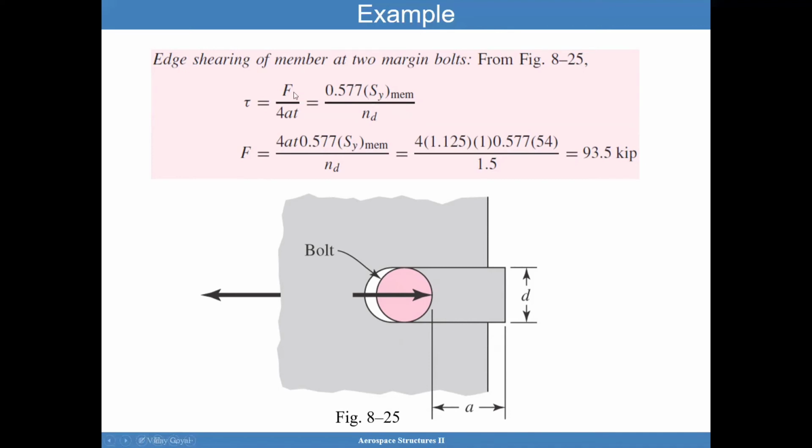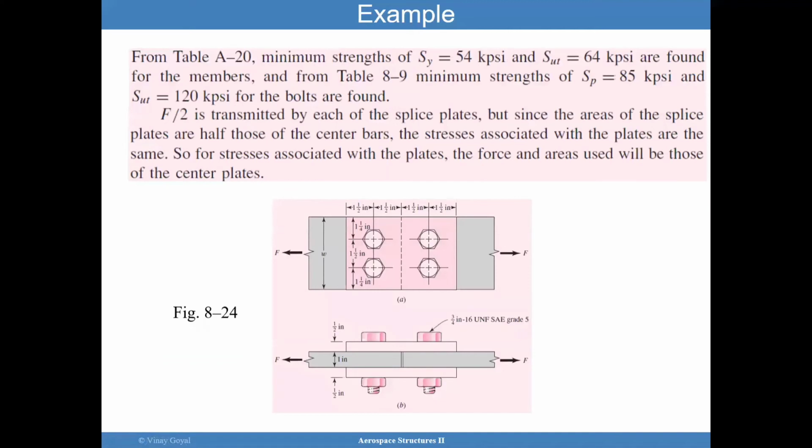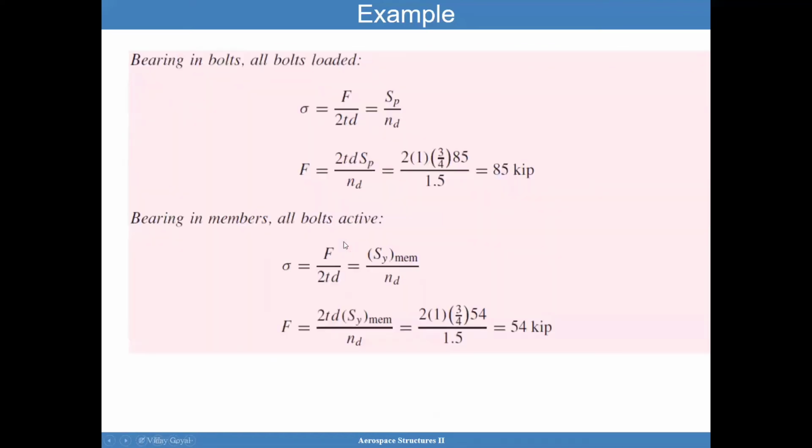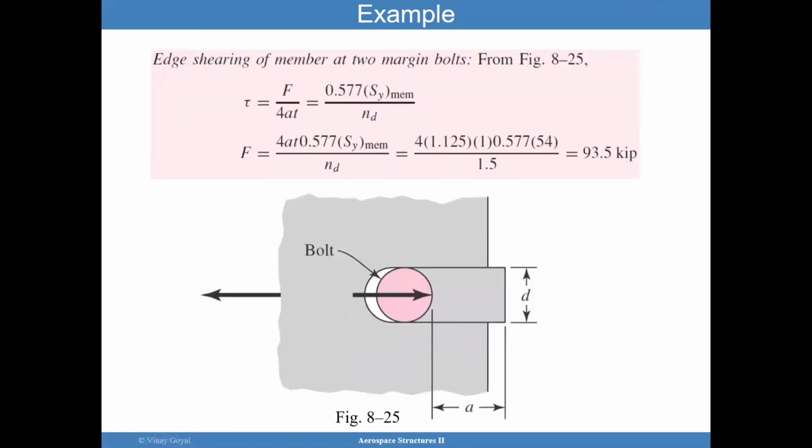Solving for F again, we have 4 A's provided, which is the distance to the edge, and it's provided here. You can do a calculation to figure out the edge of that plate. And that's 1.125 times 1, which is the thickness of the plate, times 0.577 times 54. So we get a force of 93.5 kips.